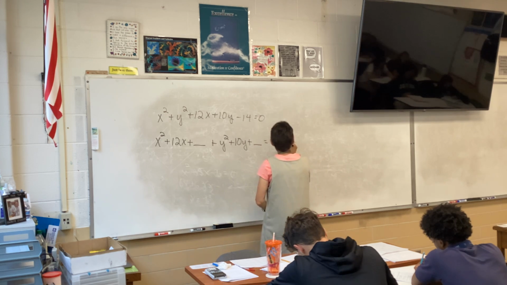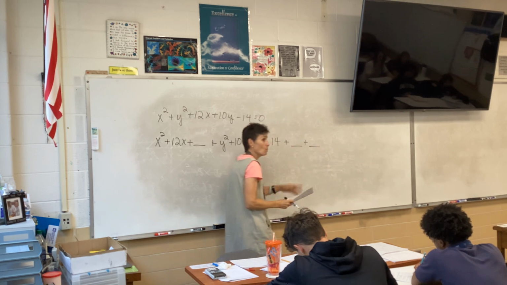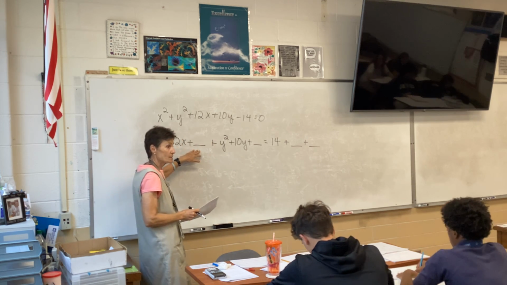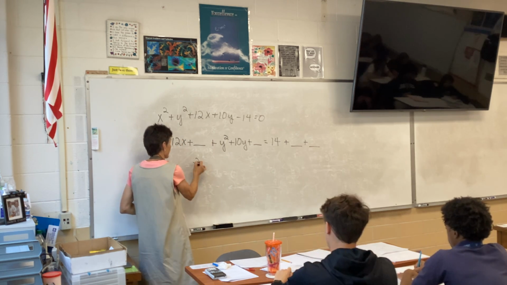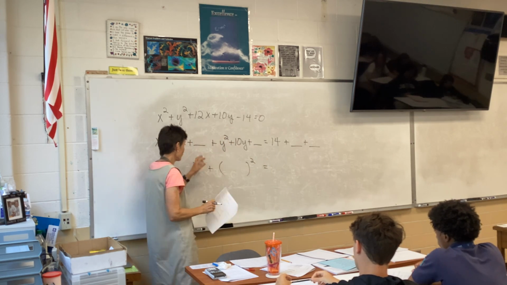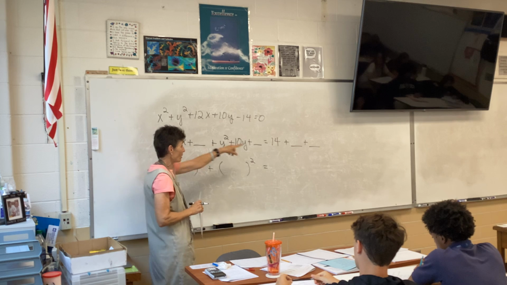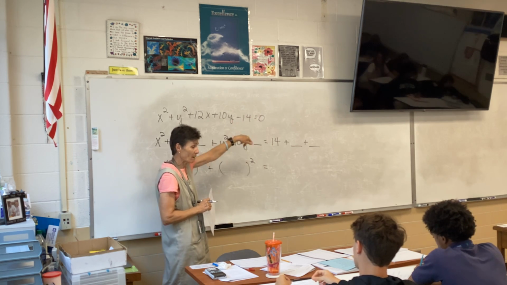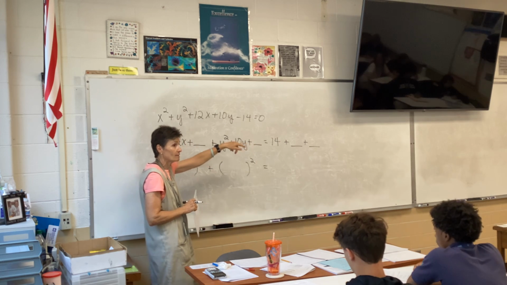Now, here comes a bigger question. Well, first of all, when I complete the square, I'm gonna add a new number to make this into a square. That's why it's called completing the square. Whatever new number I add here, I also have to add on the other side, right? Don't forget about that. That's a really common mistake.